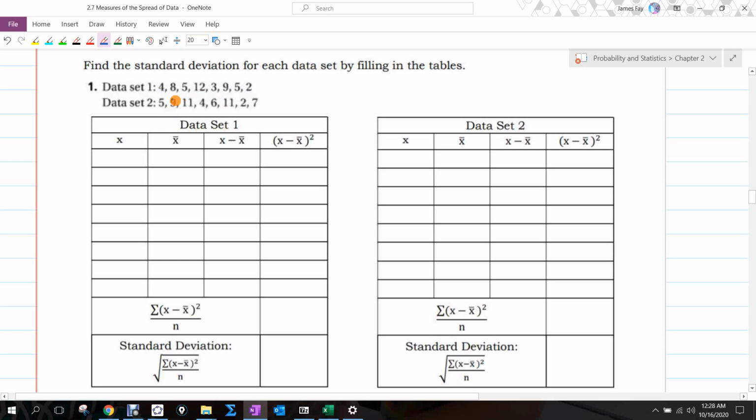And this is then the same hair length data, but from 7th period. We want to go through and figure out what is the spread of those two data sets. How do those compare?